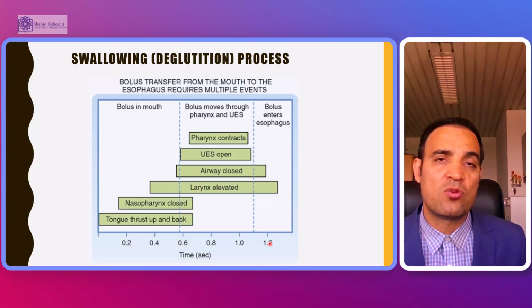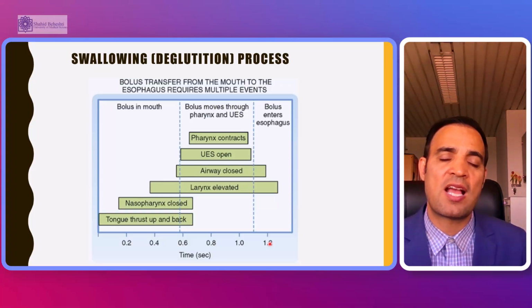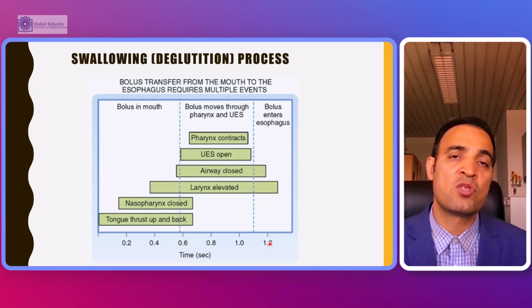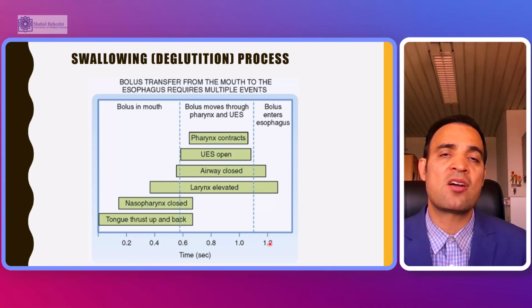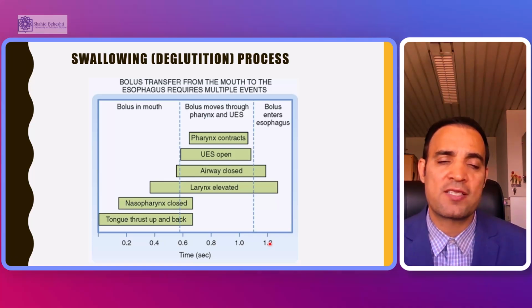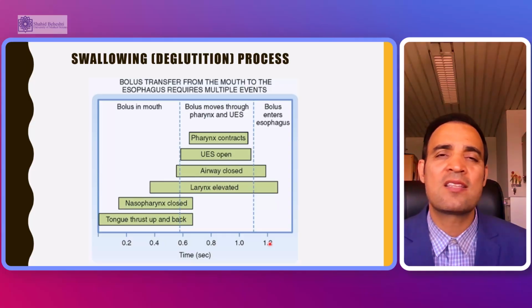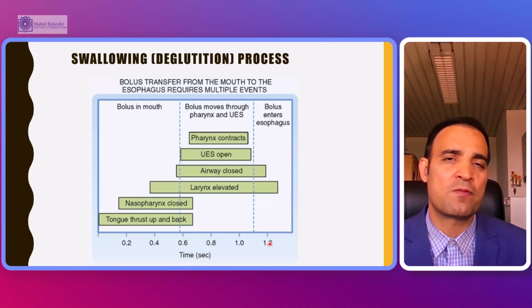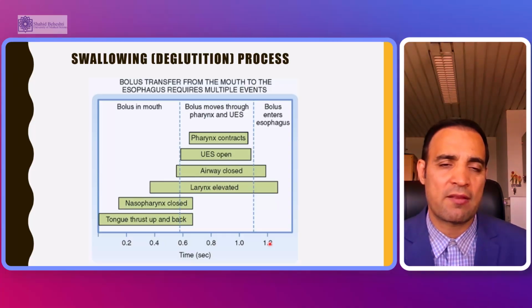If I want to summarize this process of the pharyngeal stage, entering food into the esophagus, and starting of the esophageal stage, I can say that the timing is less than or about 1 second.